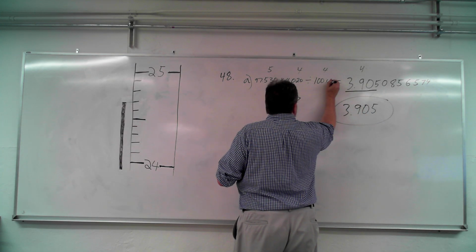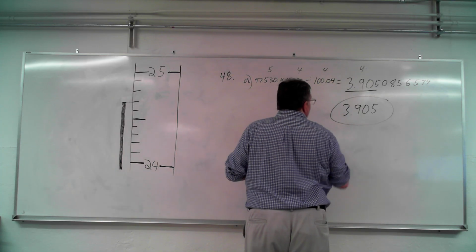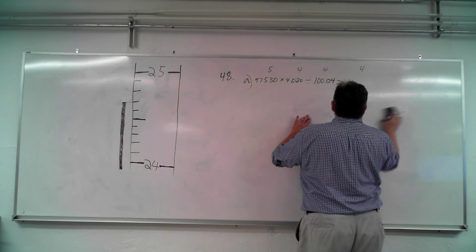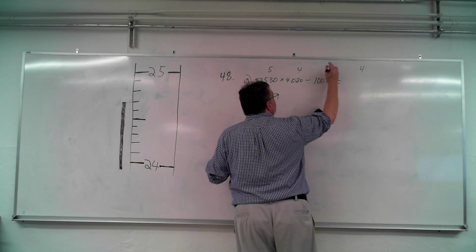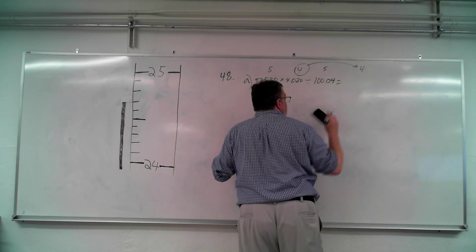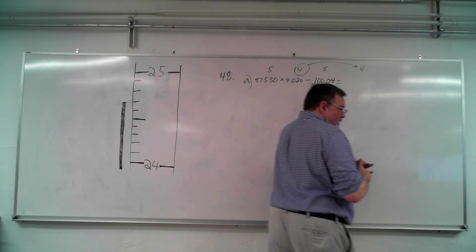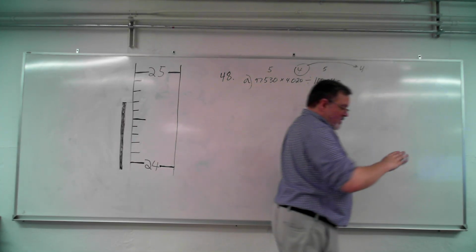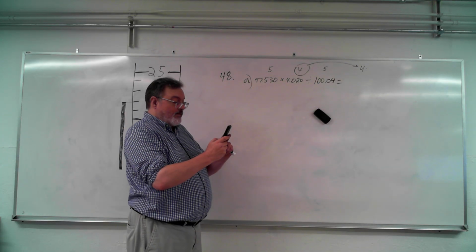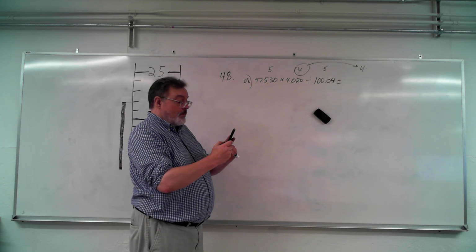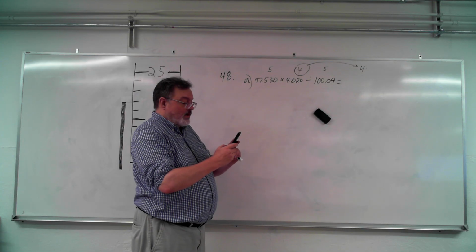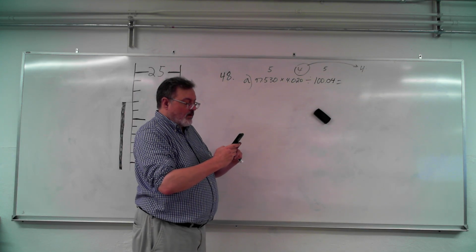Let me do this correctly, just so it's not confusing later. Oh, and that makes this 5. But we're still using 4 because we're using the lowest number. This is why I double check. 97.530 times 4.020 divided by 100.04.